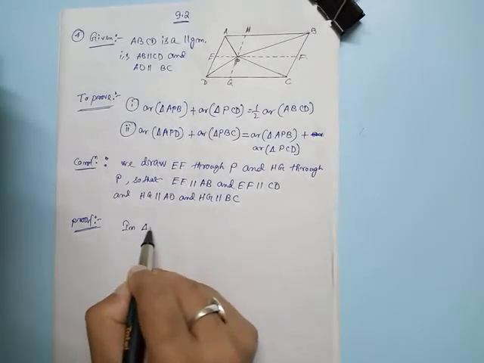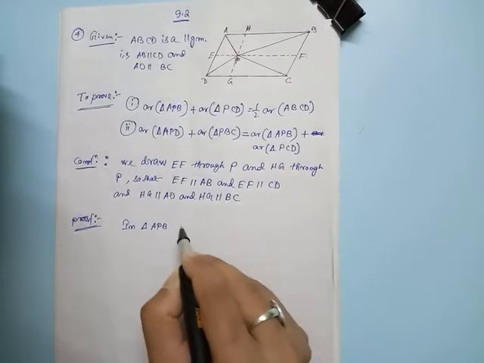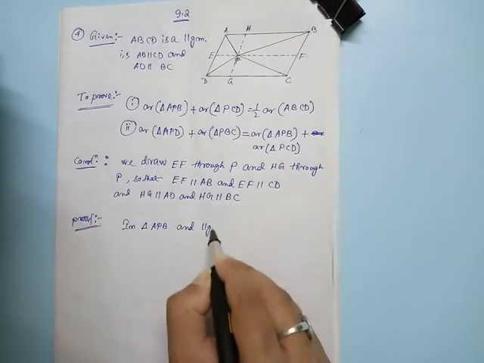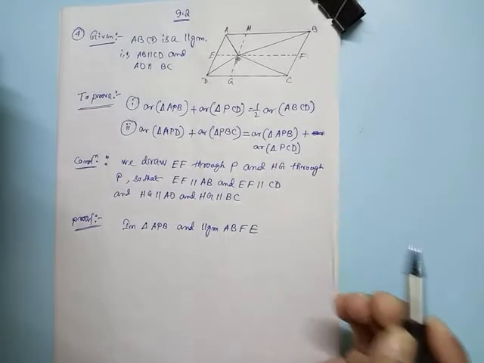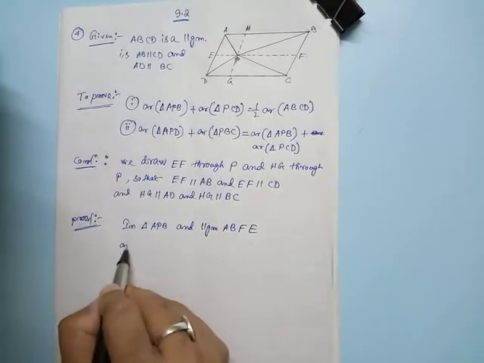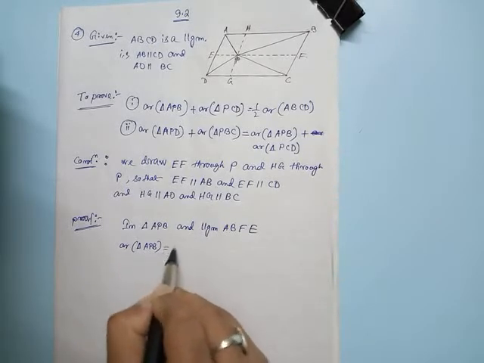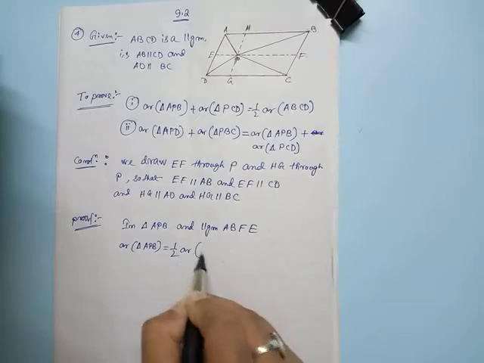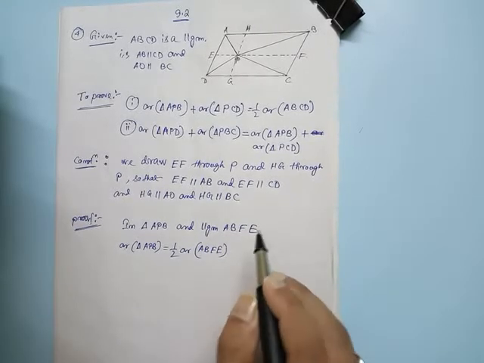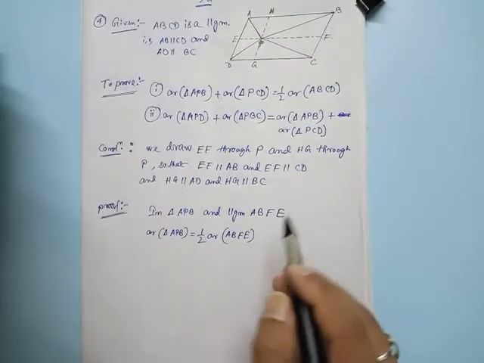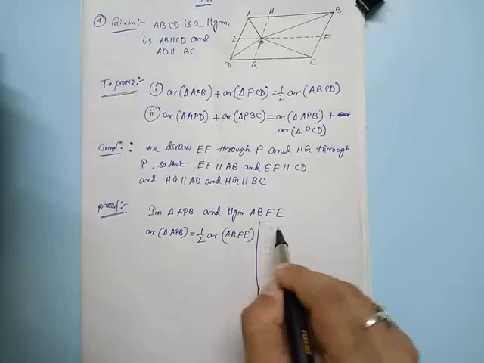In triangle APB and parallelogram ABFE, area triangle APB equal half area ABFE, and here I will write the reason.